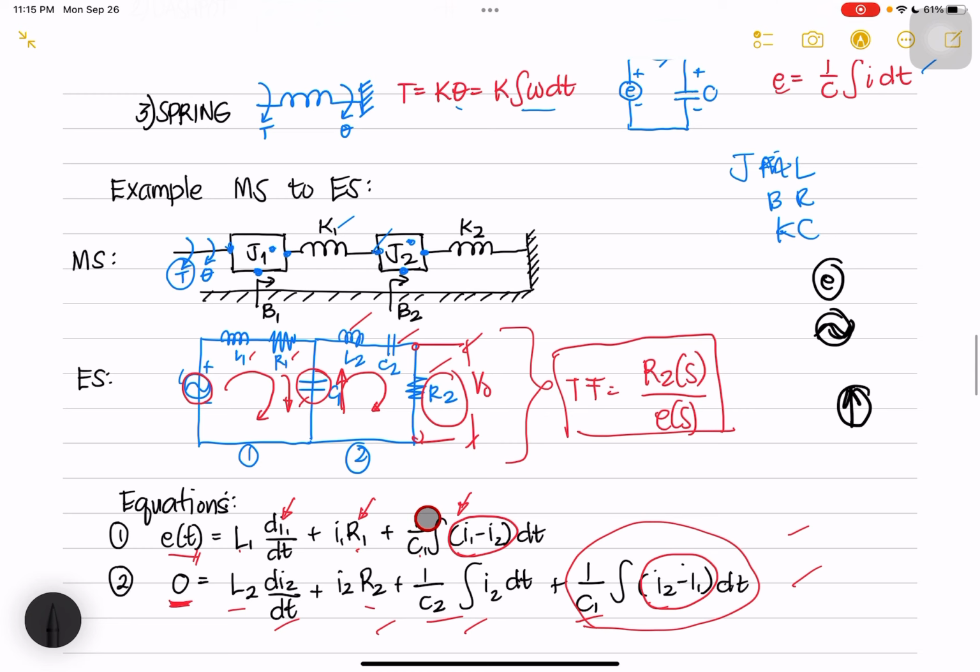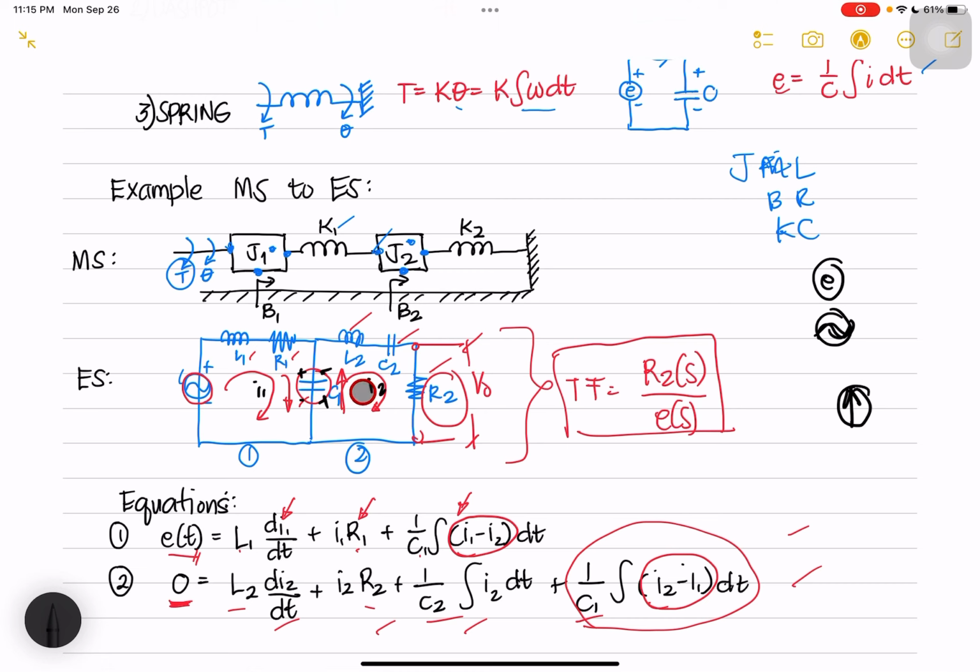Plus, this is the formula, 1 over C1 integral of I1 minus I2 dt. So, why is there I1 minus I2? Because there are two currents passing through. The directions of I1 and I2 are positive and negative. That's why I2 comes out negative. So, I1 minus I2.